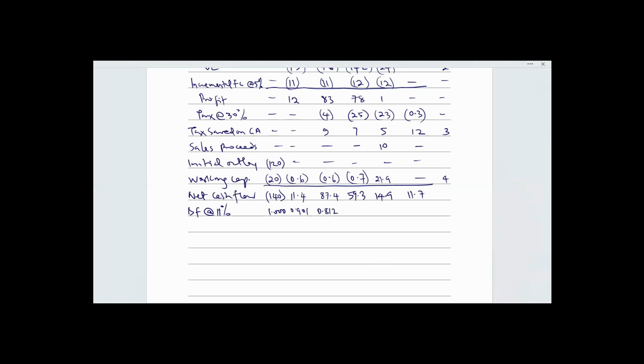Year 3, 1.11 raised to power minus 3 equals 0.731. Year 4, 1.11 raised to power minus 4 equals 0.659.